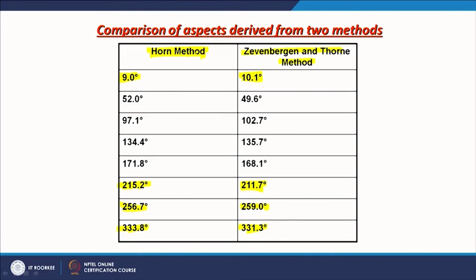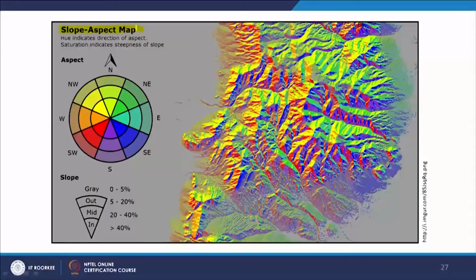Another important thing is that once you have created a slope map, you have also created an aspect map, you can combine these two maps and create a new output which would be more useful than the individual maps. And this is what has been done, the slope and aspect map, this is very interesting.